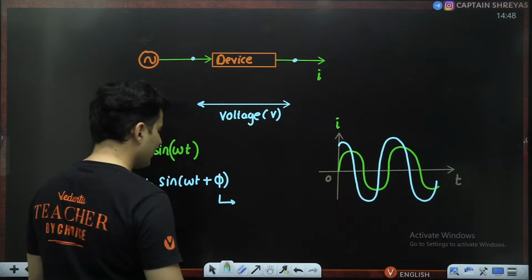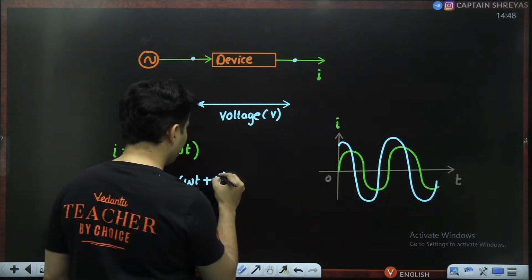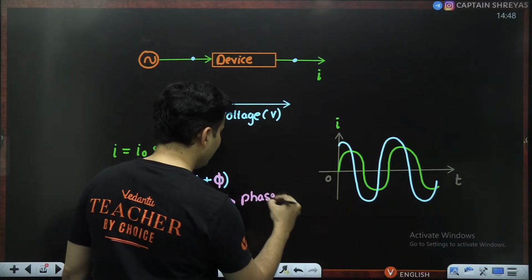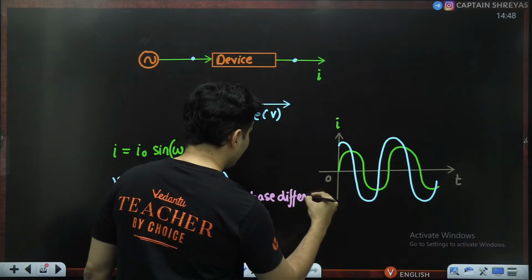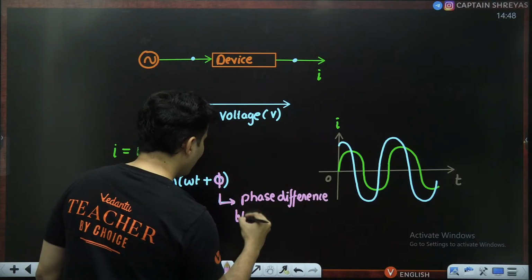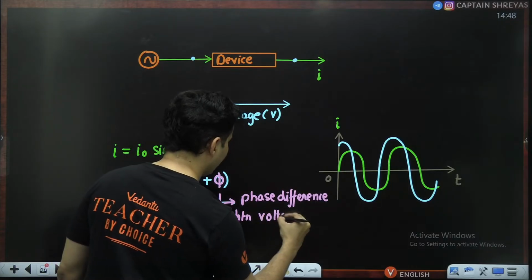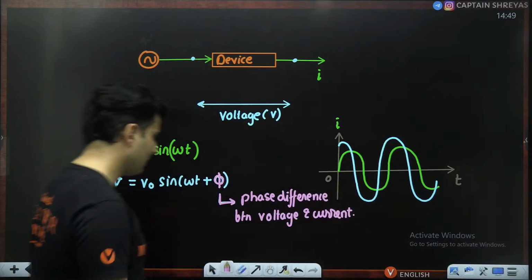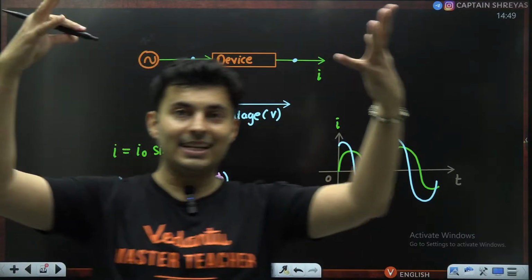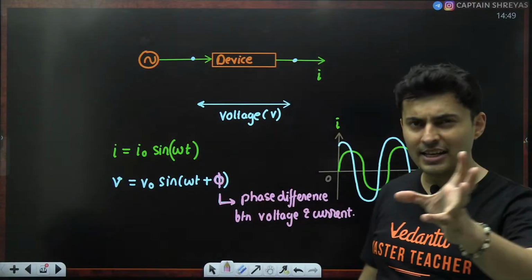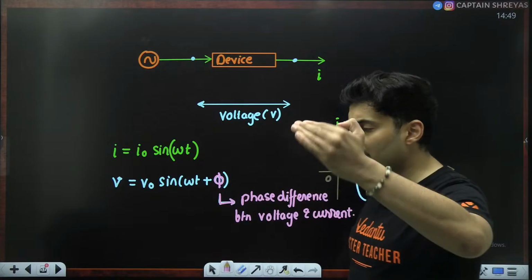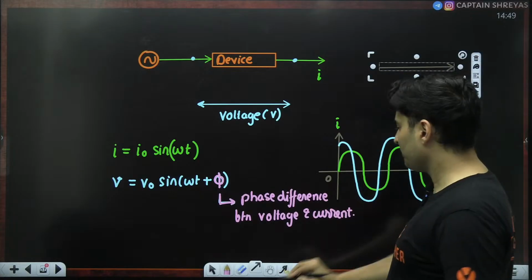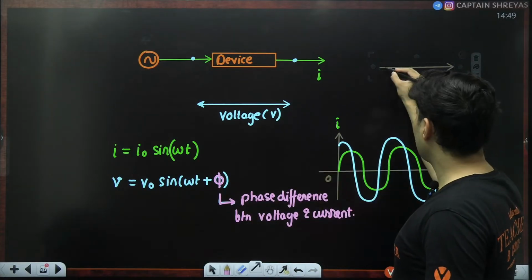This phi is nothing but the phase difference between the voltage and the current. They might typically not be in sync. So if you remember phasor diagrams, they tell me about the difference of phases, who is leading, who is lagging. It might look something like this.